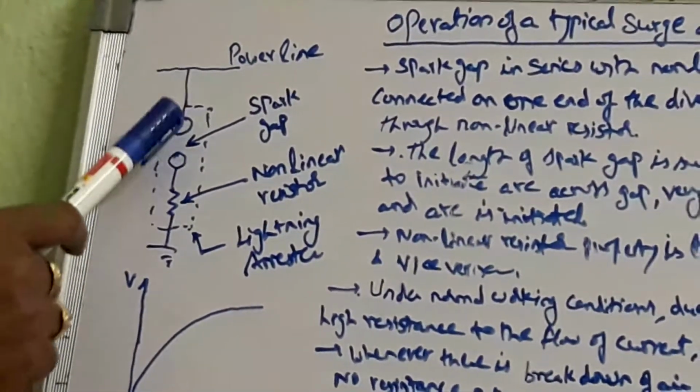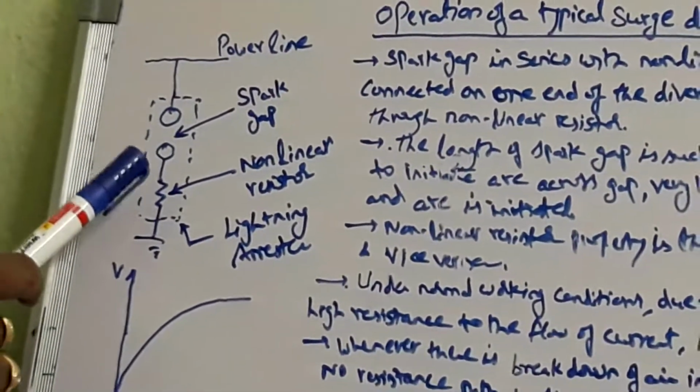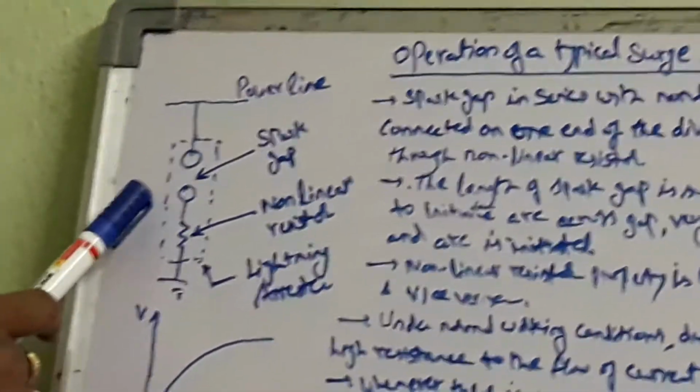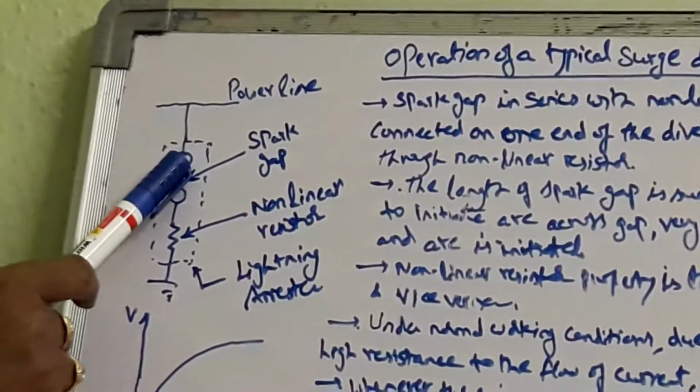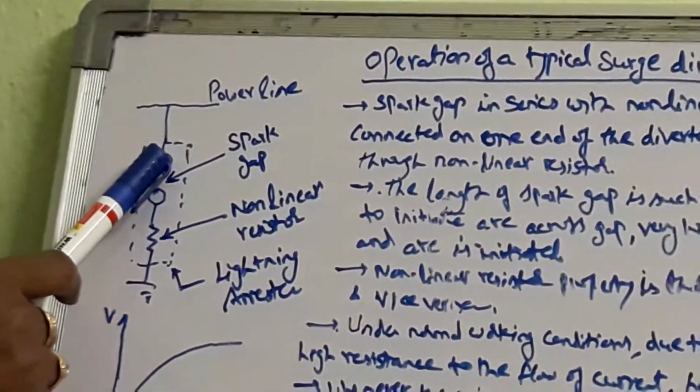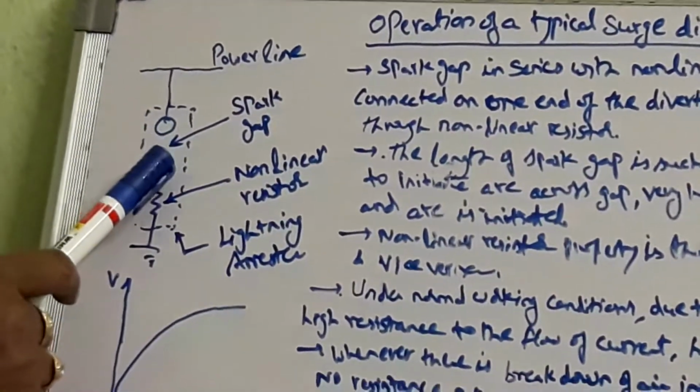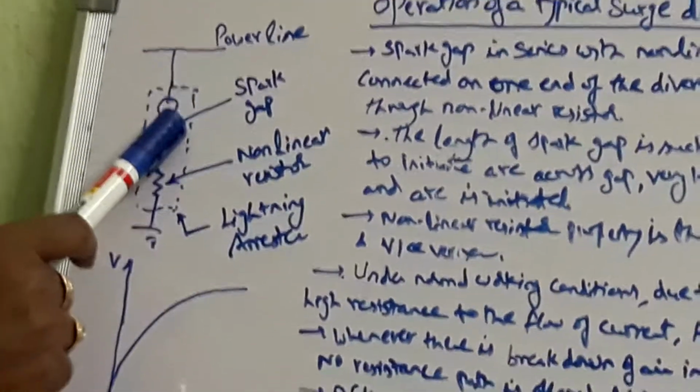But whenever there is a large voltage due to a surge of lightning, then an arc is initiated across this spark gap, and this produces a very high voltage.